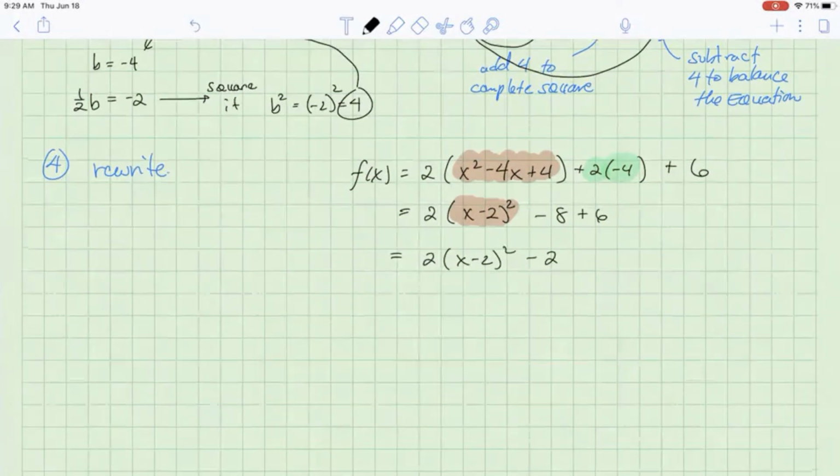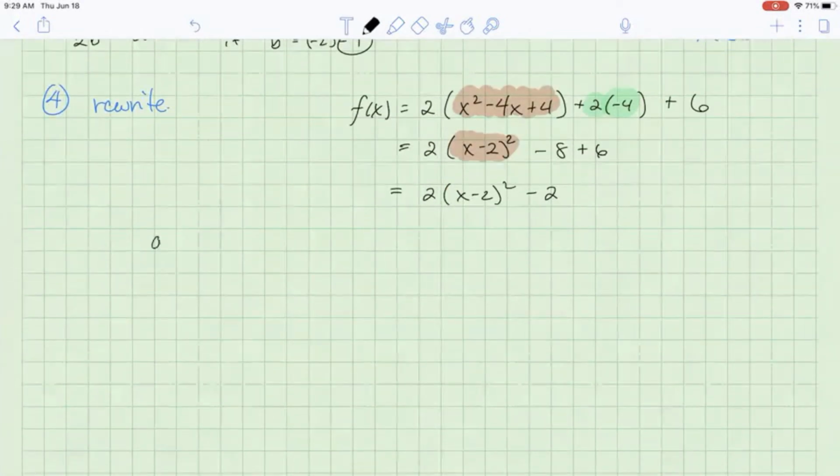minus 2. And so to decompose this, a is 2, h is 2, and k is negative 2. Those are my significant values for this parabola. And we have completed the square.